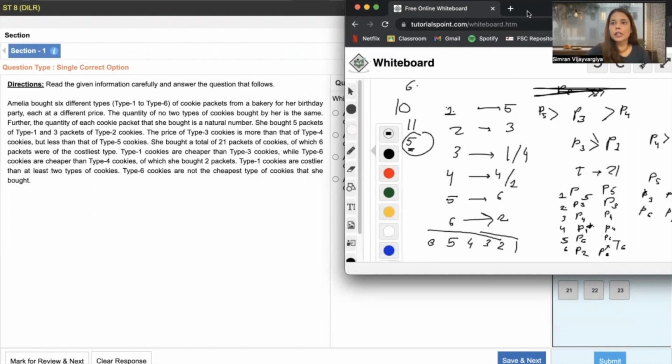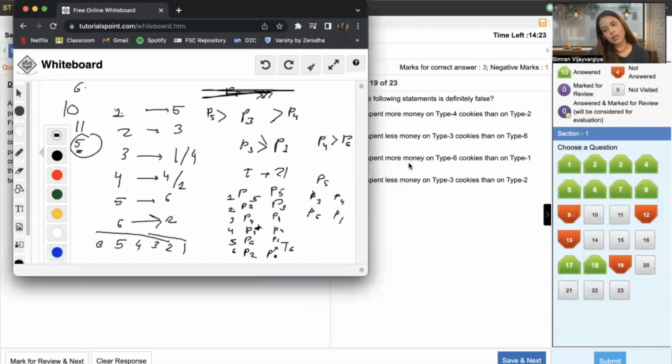Okay, let's see the options here. Spend more money on type 6 cookies than type 1 cookies. Type 1 and type 6. No, that's not. More would have been spent on type 1. Less money on type 3 than type 2. Not sure because of the number that we're not sure about.